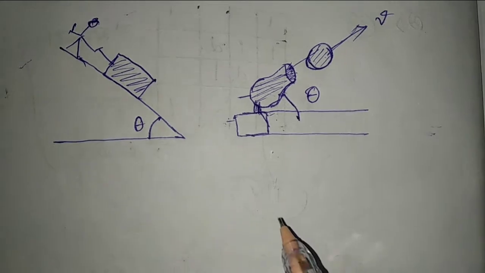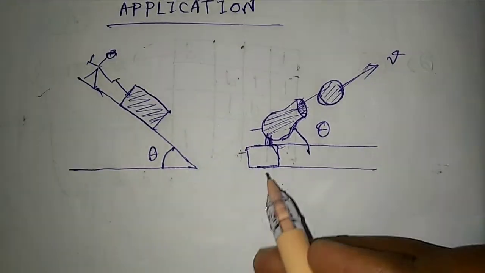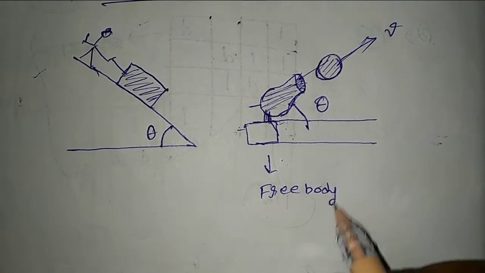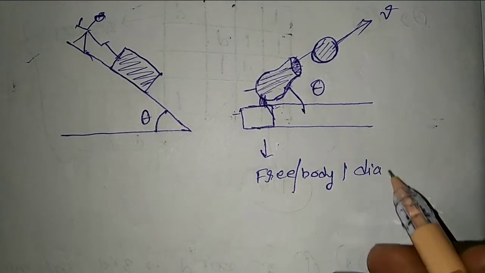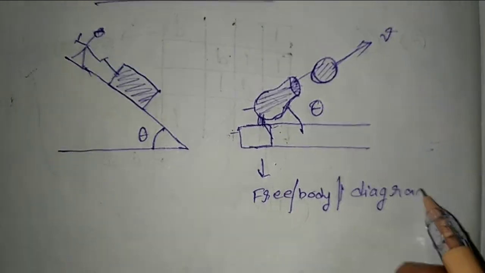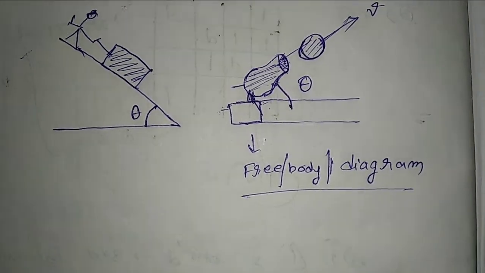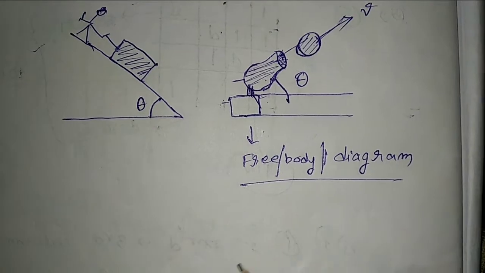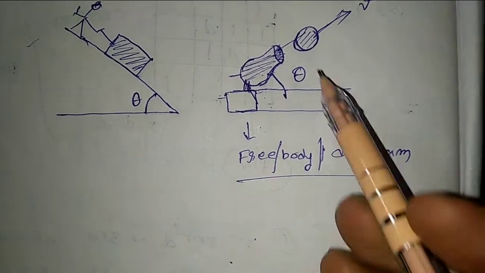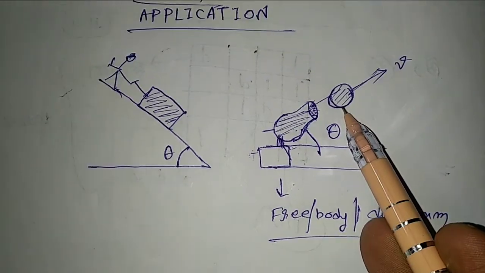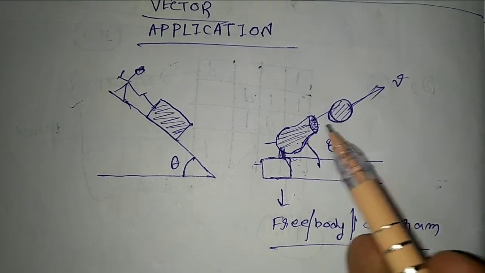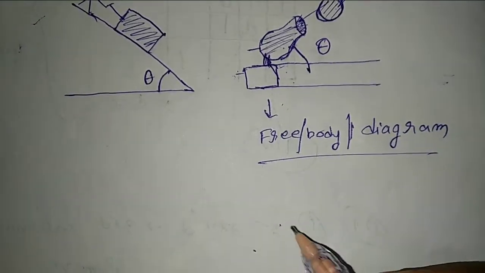So suppose we draw the free body diagram of it. What is a free body diagram? Consider the ball as a point mass, and you can assume it as a bullet from a gun or something.